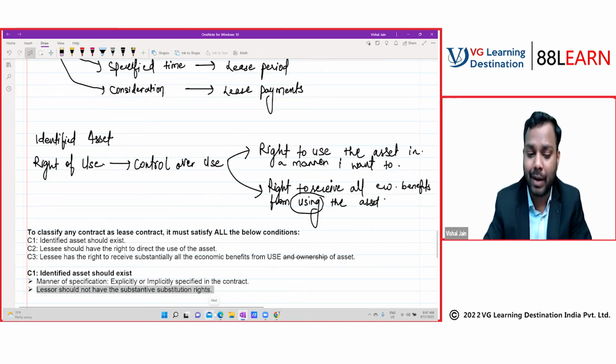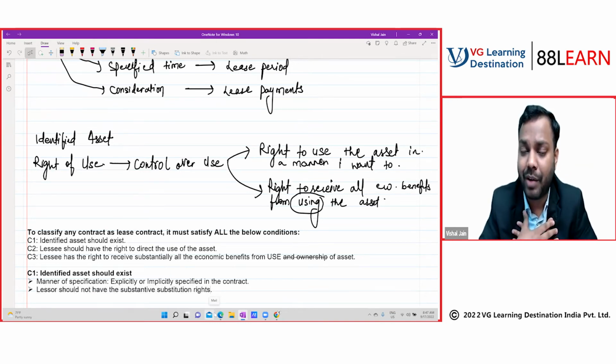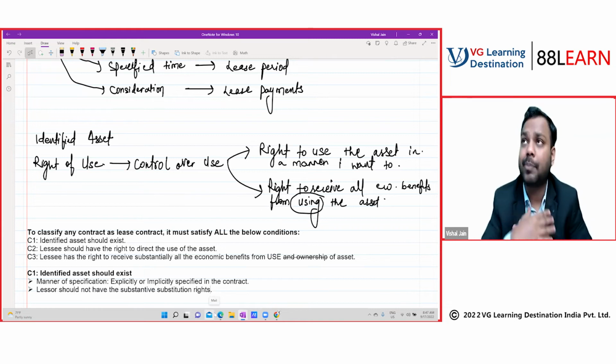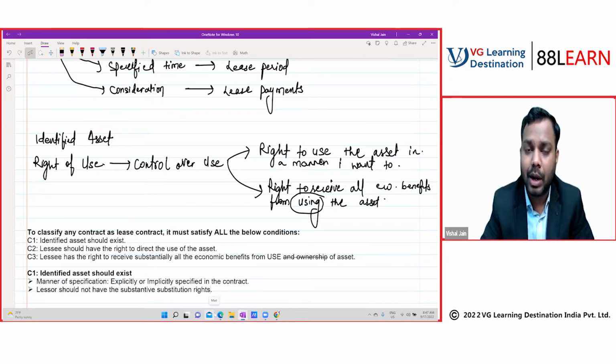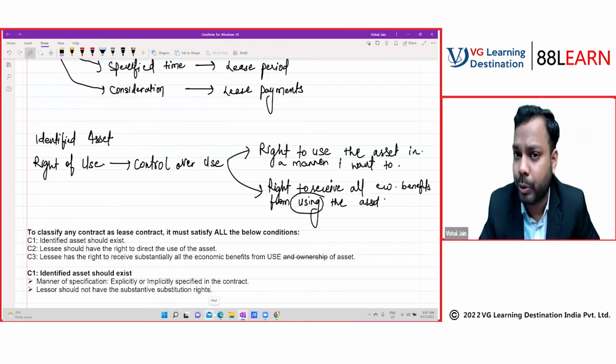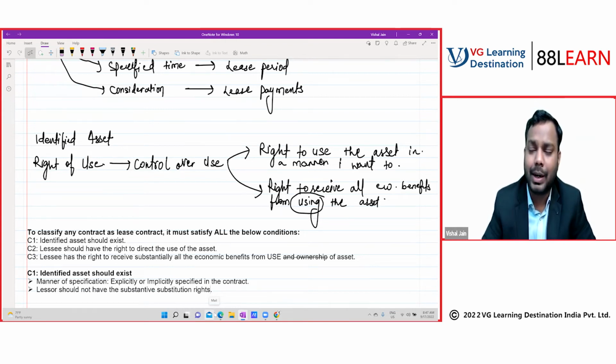The lessor should not have substantive substitution rights. Means, let's suppose I've taken a studio on rent. Now if my lessor comes to me every month and says, Vishal, let me substitute this studio with some other studio, does that mean I have control over the studio?